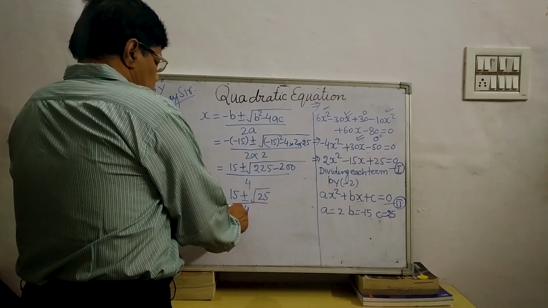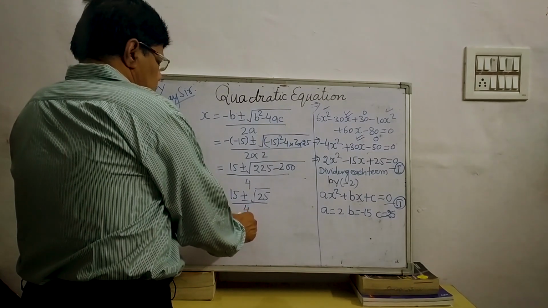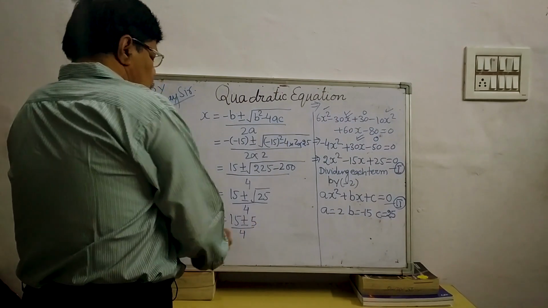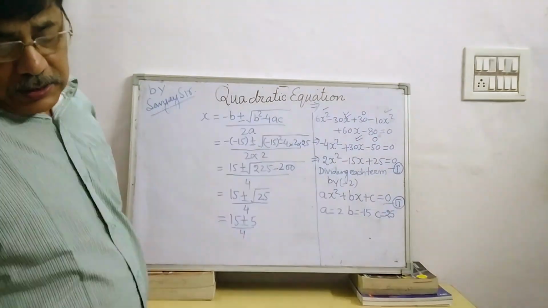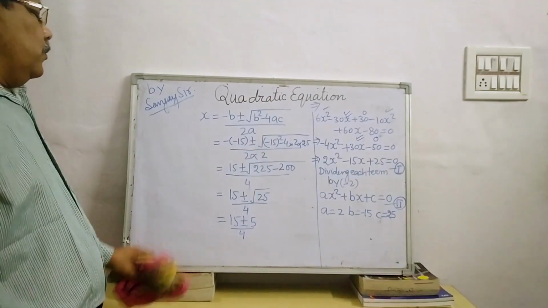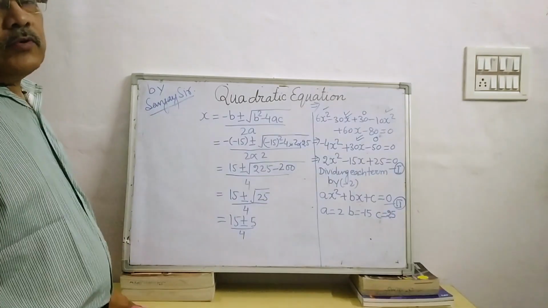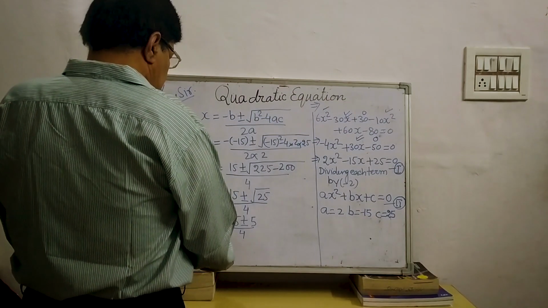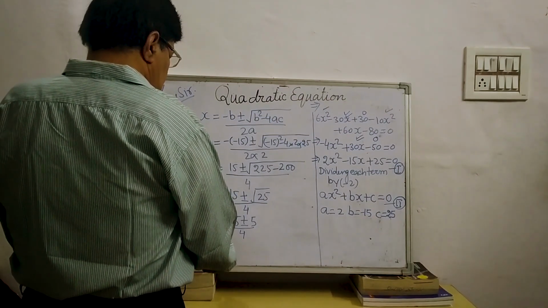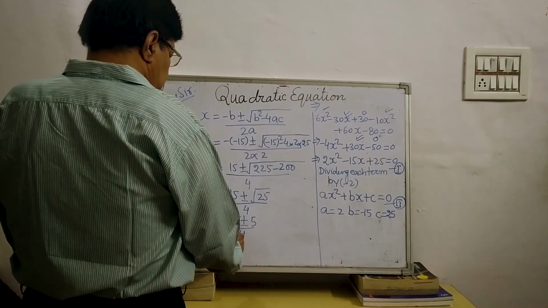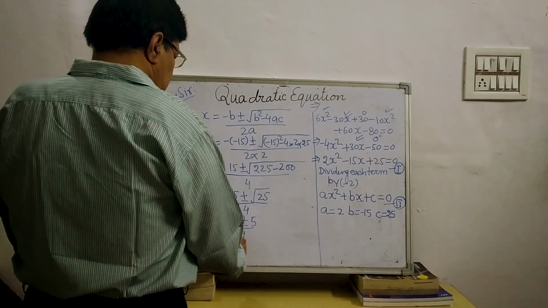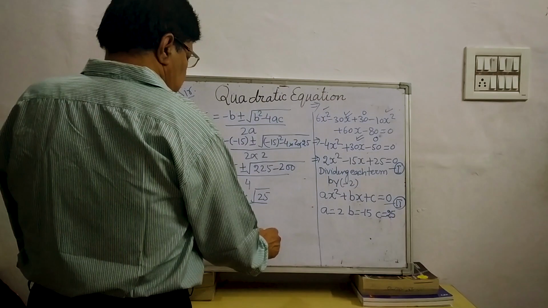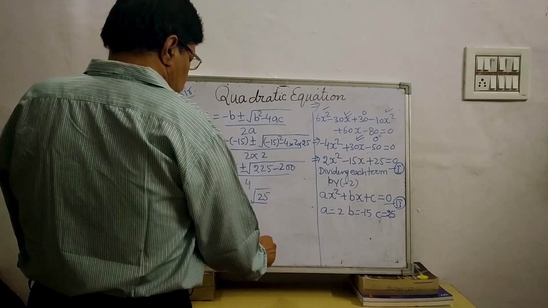Now find the square root. 15 plus minus 5 upon 4. So two values are there. First we will take the plus value, second we will take the minus value, and we will get the values. Say x equal to 15 plus 5 upon 4, then 15 minus 5 upon 4.